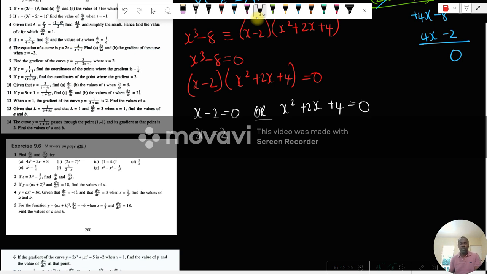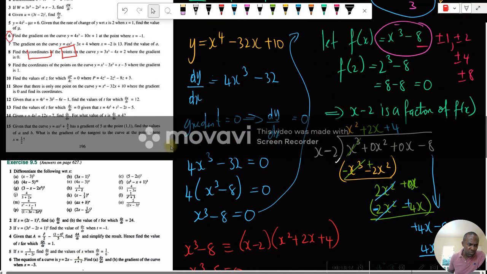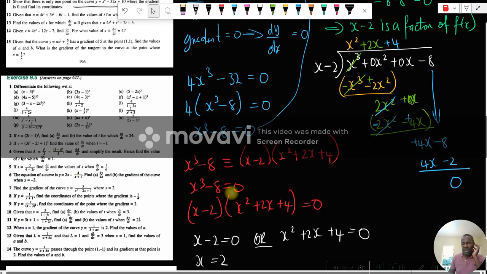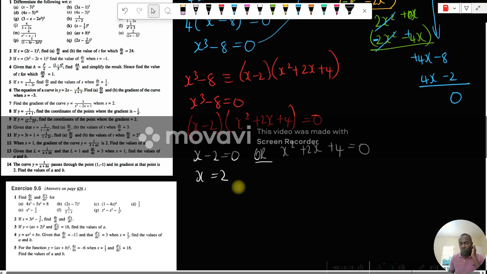Now, before we proceed any further, let's take a look back at what the question really said. The question said that we're supposed to show that there is only one point on the curve y equals x cubed minus 32x plus 10 where the gradient is 0, and find its coordinates. We already found the x coordinate of one such point, which is x equals 2. But that is not sufficient to show that there's only one point.